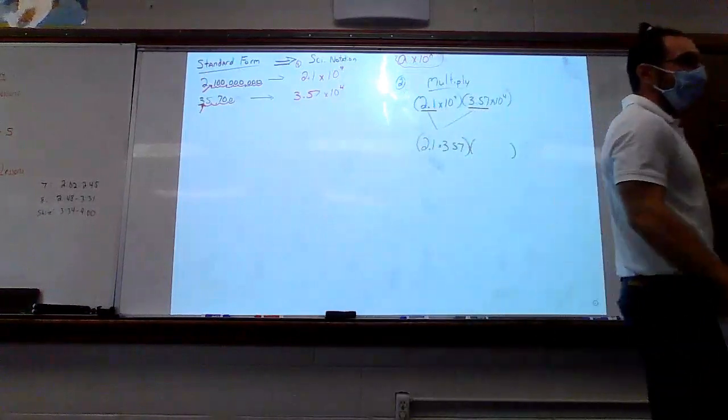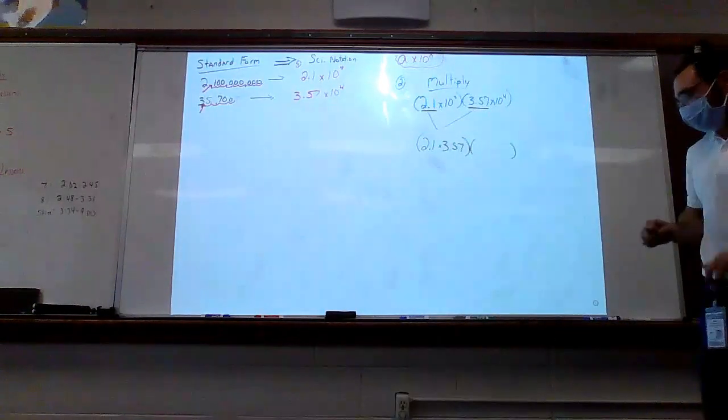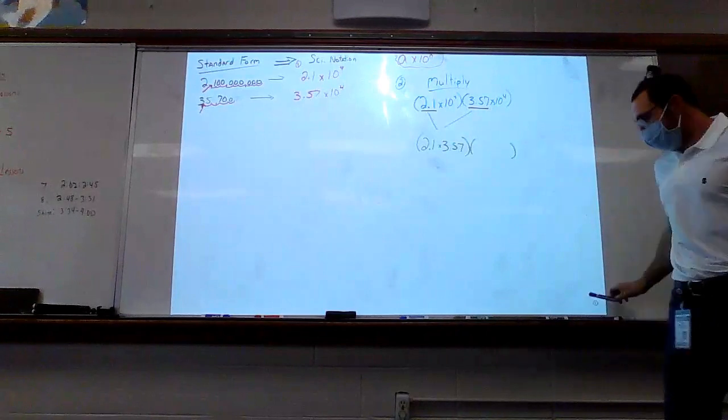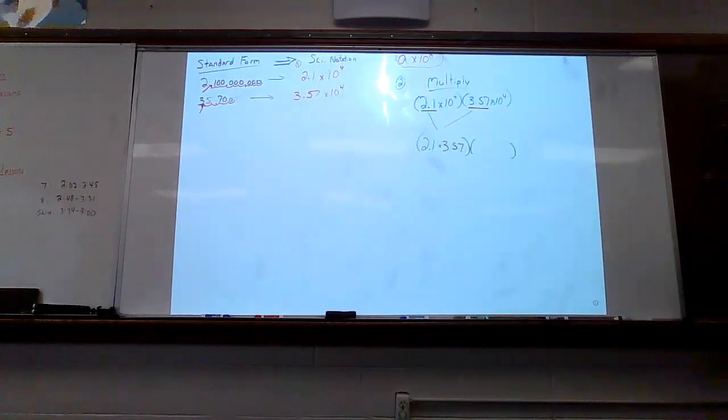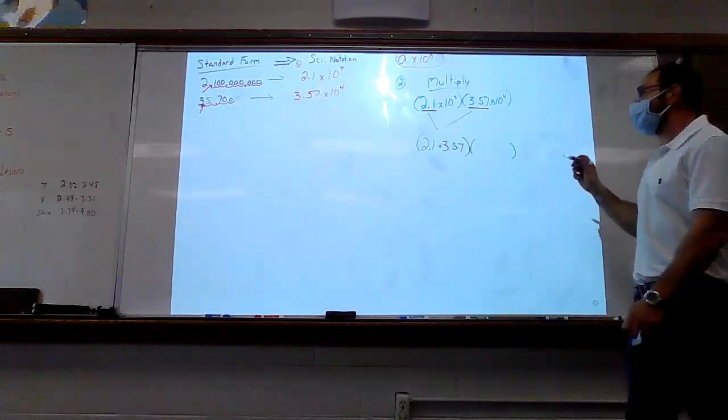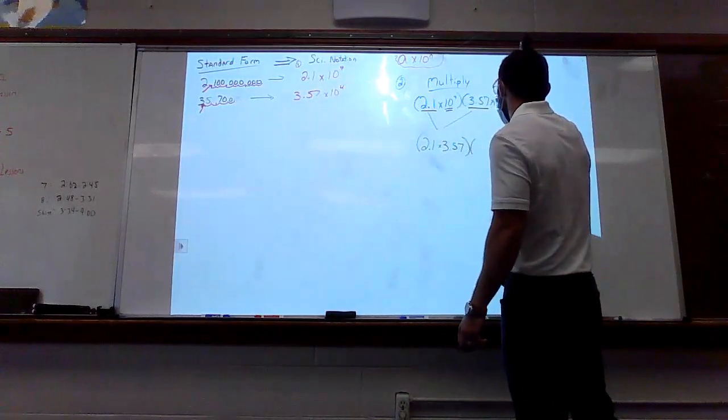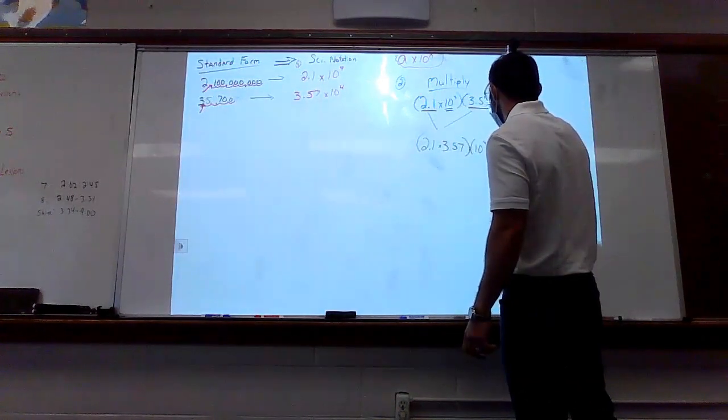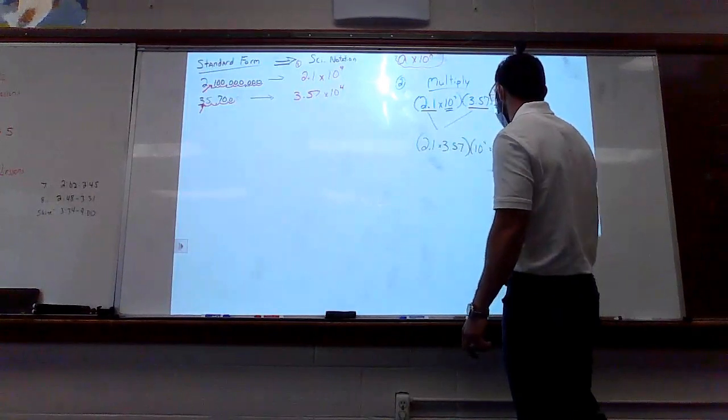What else do you think we will group? What else is there in this problem for us to group that looks the same? Liam. Your bases. The bases, which are these tens. So now I have 10 to the 9th multiplied by 10 to the 4th.